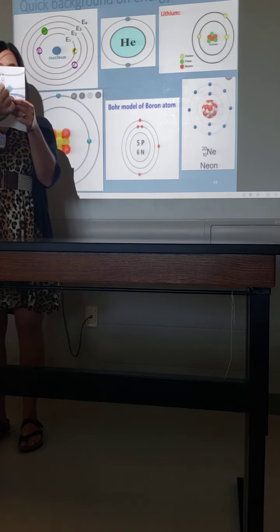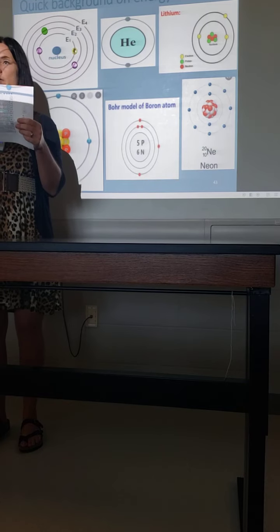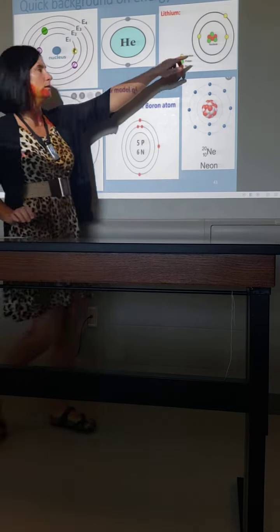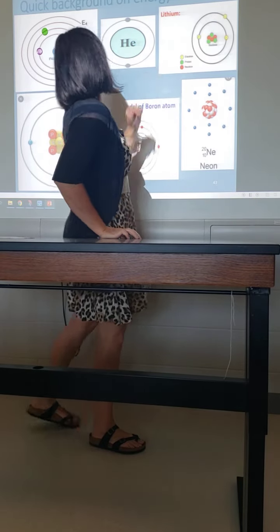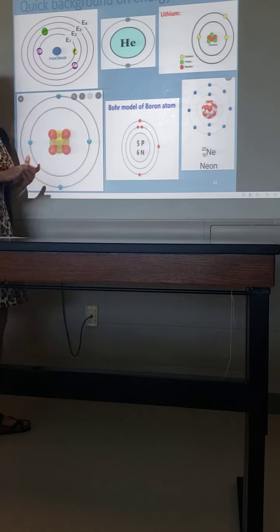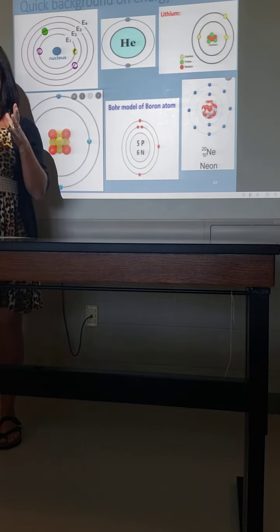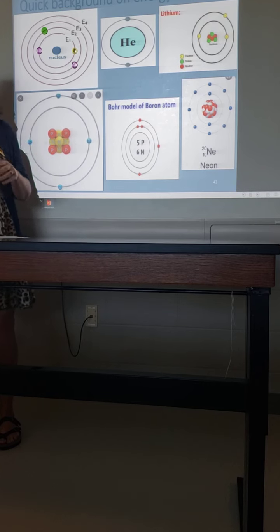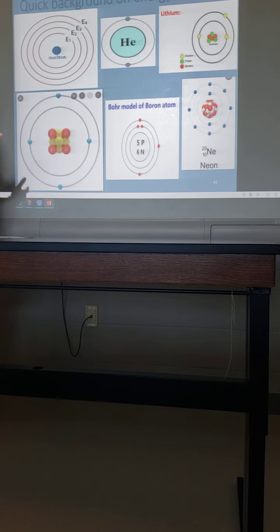You're at the very end of period 2, you would drop back down and start period 3 with sodium. And then it would look kind of like this. This layer would be all the way full, and you would be moving into energy level 3, okay? So I just wanted to explain that a little bit more, show you a few more visuals and pictures to hopefully make a little bit more sense.